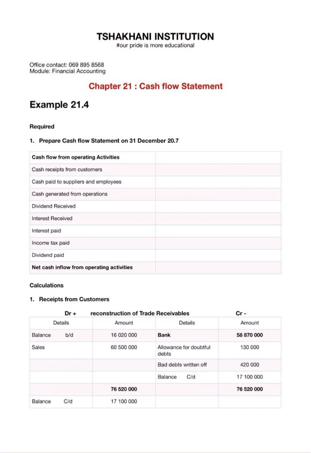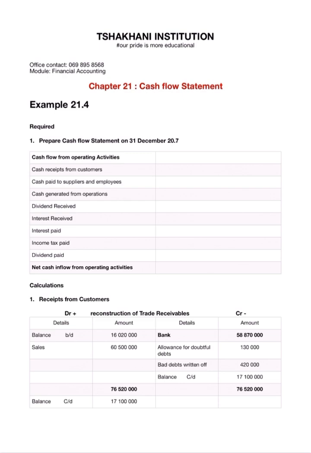Remember, the interest paid is the same as the finance cost, and also the dividend paid. And then that's where we'll get the net cash inflow from operating activities. So let's focus on the first thing, which is the cash receipts from customers.